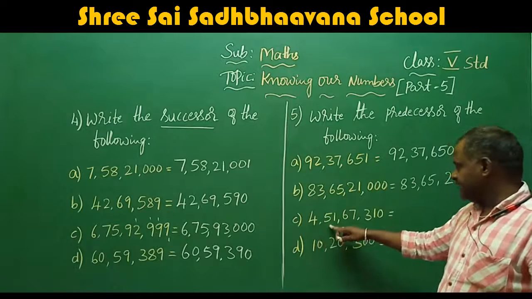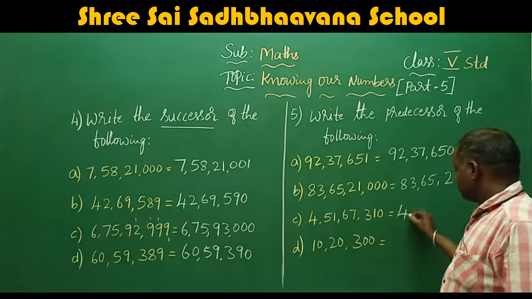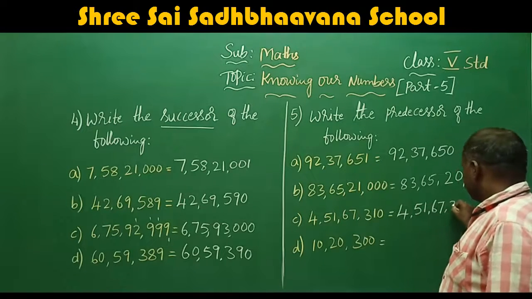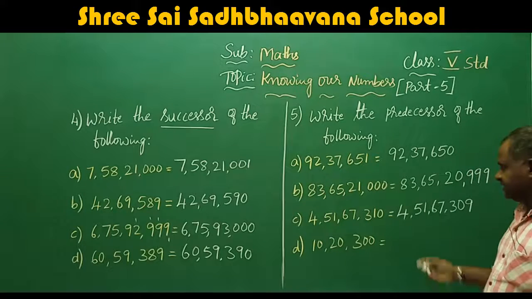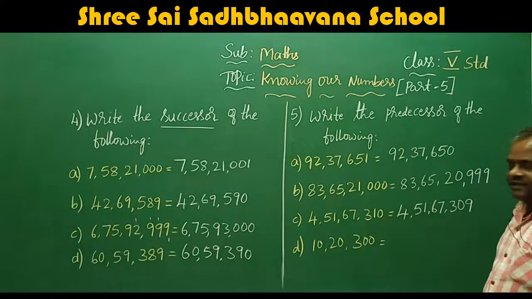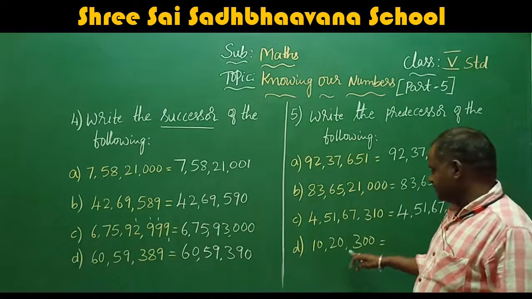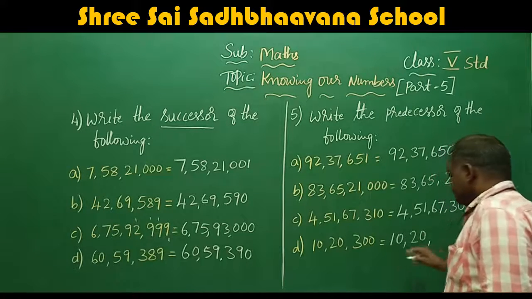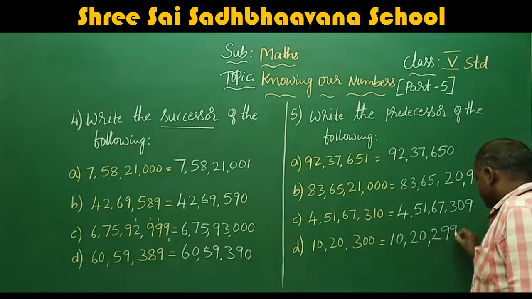Now come to here. 4 crore 51 lakhs 67,310. The predecessor is 4 crore 51 lakhs 67,309. 310 becomes 309. Here 10 lakhs 20,300, 1 less than 300 is 299.